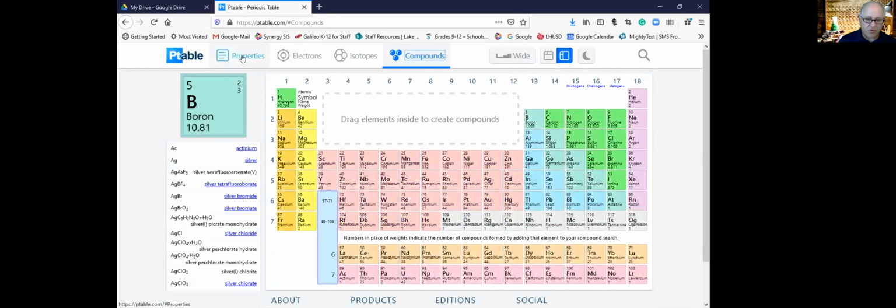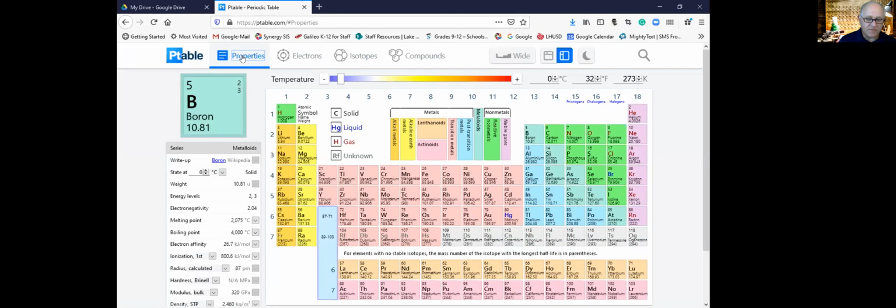First, let's look at properties on the top left. Let's find the element we were just looking at, which is boron. So I move my little cursor over to boron, and if I click on it, it should open up to some other information.